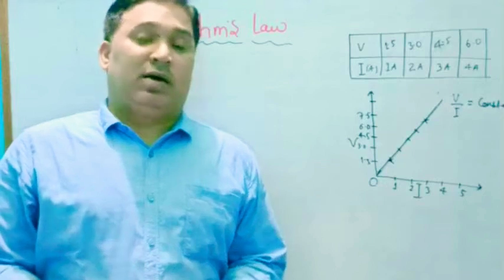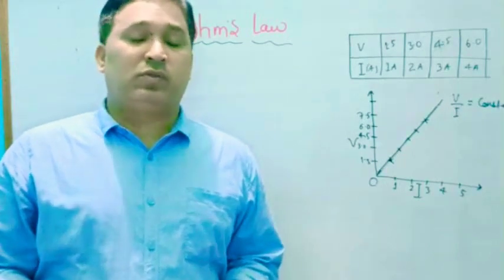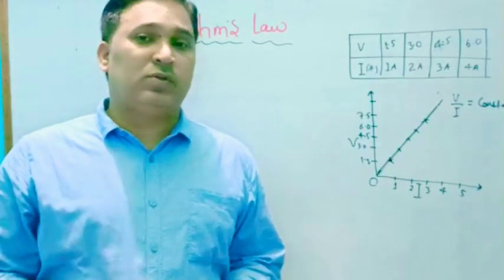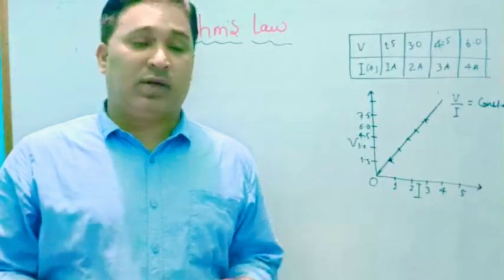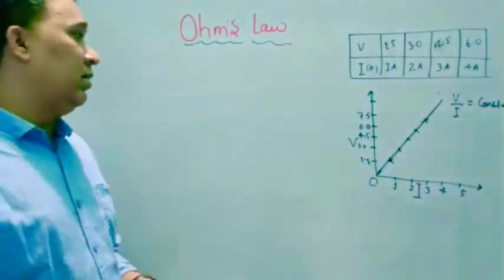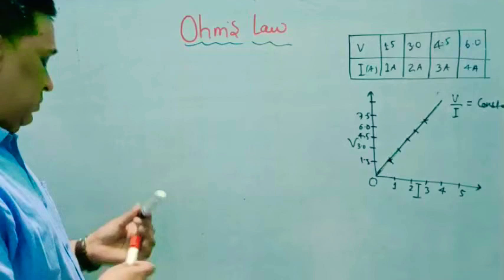We have just seen that the current flowing through the circuit is directly proportional to the potential difference across the ends of the conductor, or you can say circuit, according to Ohm's law.